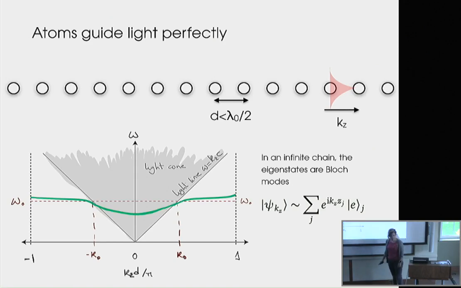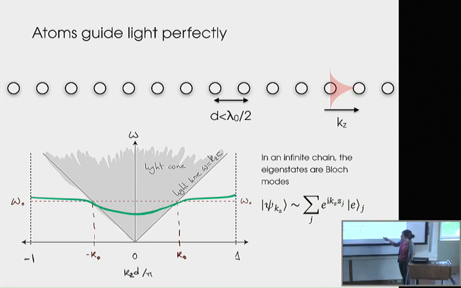On top of that, I can also plot the light cone. That is just the set of frequencies and wave vectors that allow light to propagate in free space. So this means that this region of my eigenstates that is inside the light cone couples to free space radiation. This means that these modes are actually the superradiant modes.